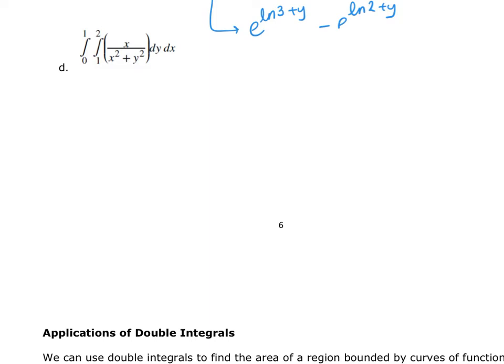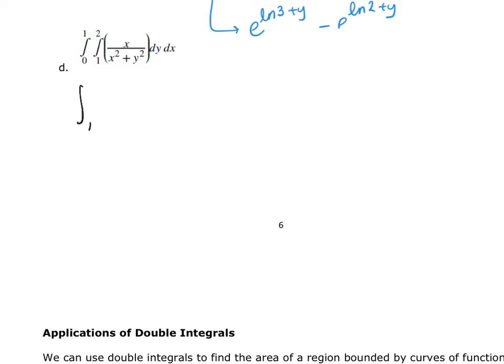Let's integrate with respect to x first. And the reason I'm doing that is because the derivative of 2x plus y with respect to x is going to be 2x. So let's switch these integrations.